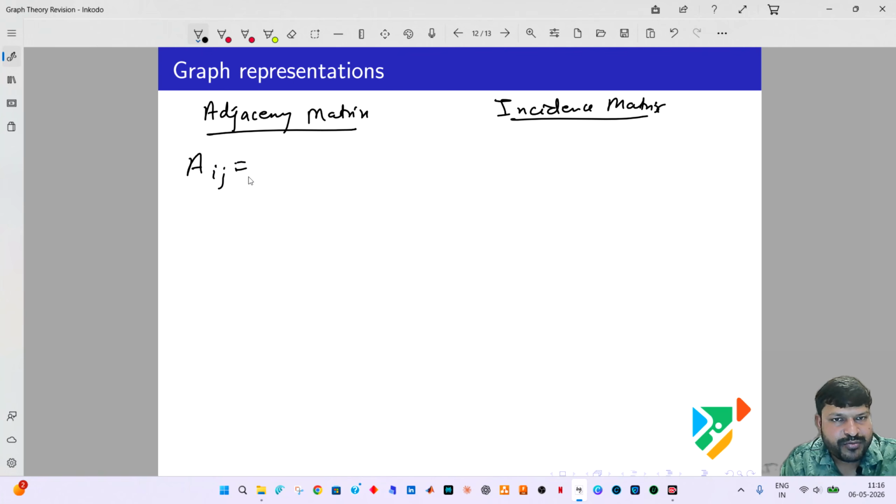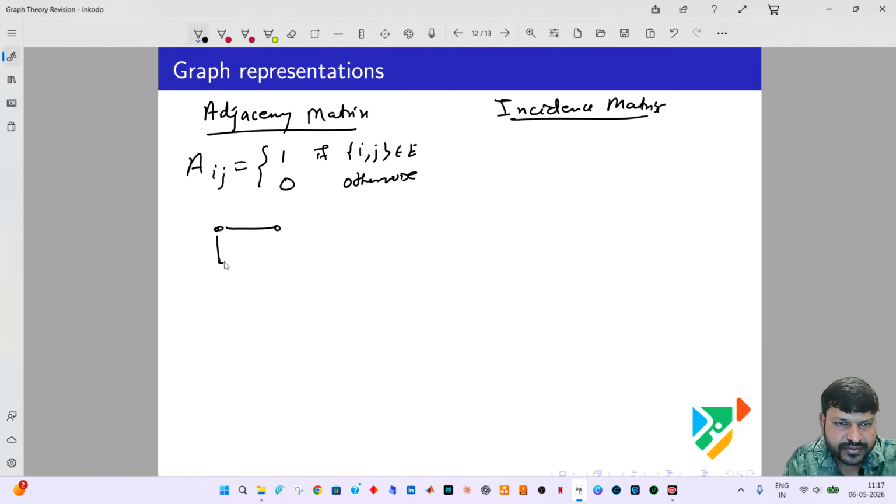It is an n by n matrix such that the entry at the i comma j position is equal to 1 if i and j are adjacent, otherwise it is 0. For example, consider this graph.